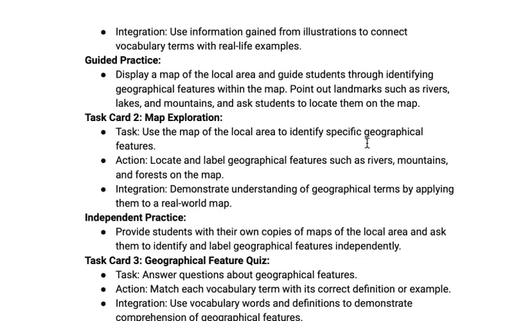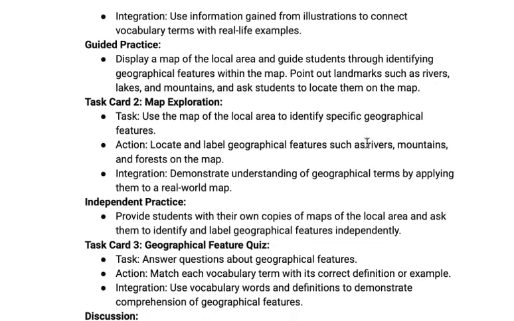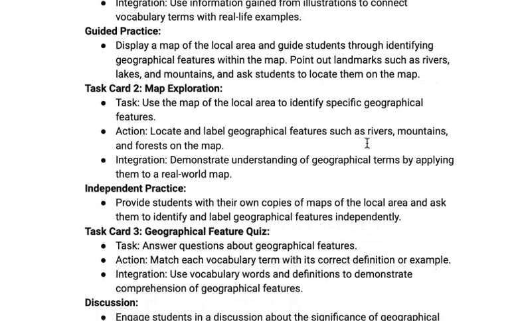And for task number 2, which is map exploration, the task is that students will use the map of a local area to identify specific geographical features. And the action is to locate and label geographical features such as rivers, mountains, and forests on the map.